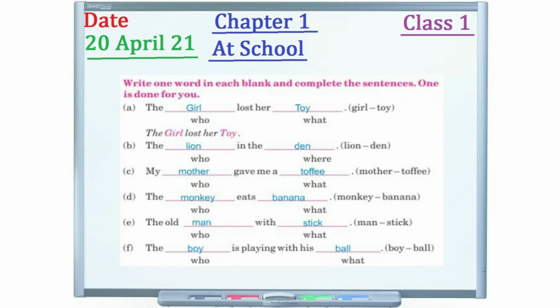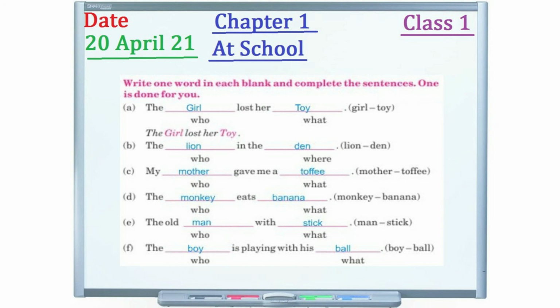D. The dash, it's a dash. Who and what? The monkey, it's a banana. E. The old dash walks with a dash. The old man walks with a stick.